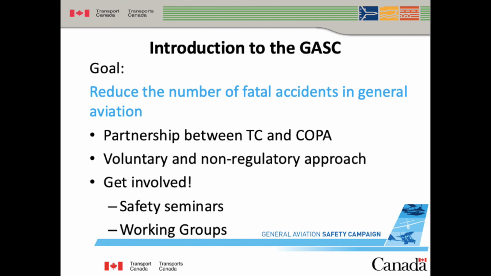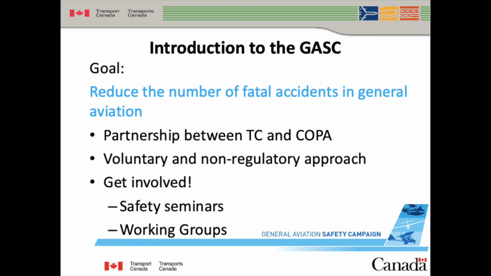General aviation is defined as all recreational aircraft, including helicopters, gliders, ultralights, amateur-built, and flight training aircraft under CAR 406. Aircraft flown under CAR 604, general operating and flight rules for private operators, are not included. You'll note on the slide that we talk about a voluntary, non-regulatory approach.